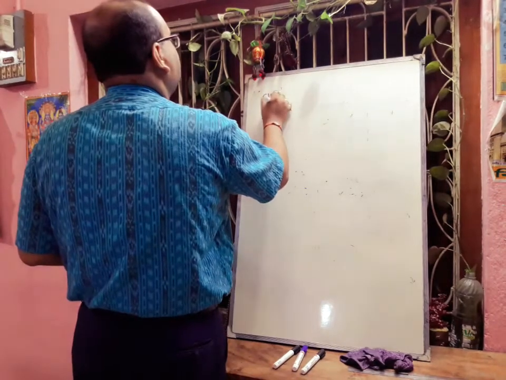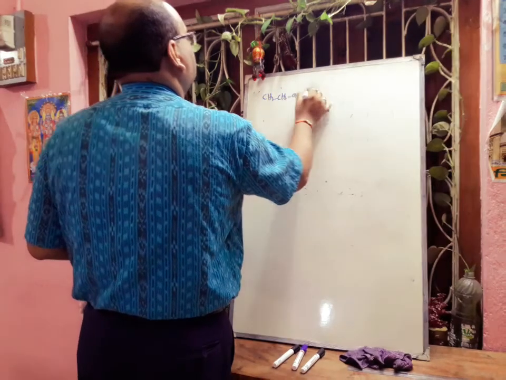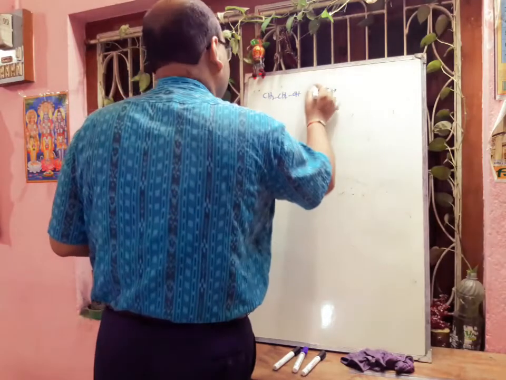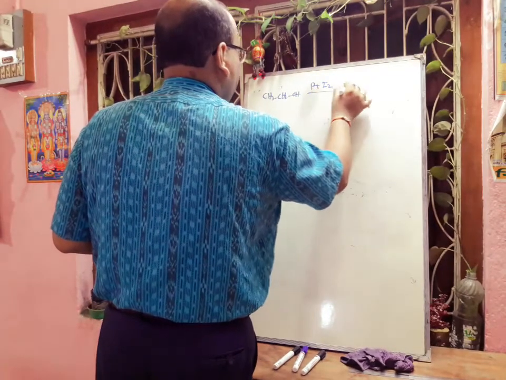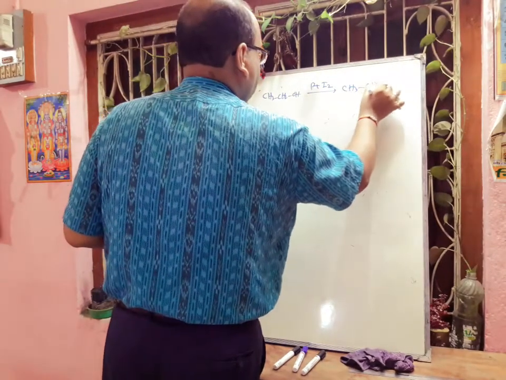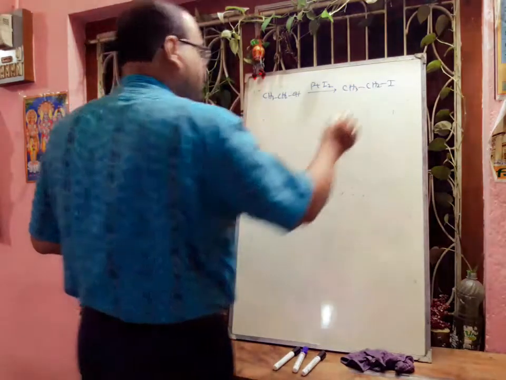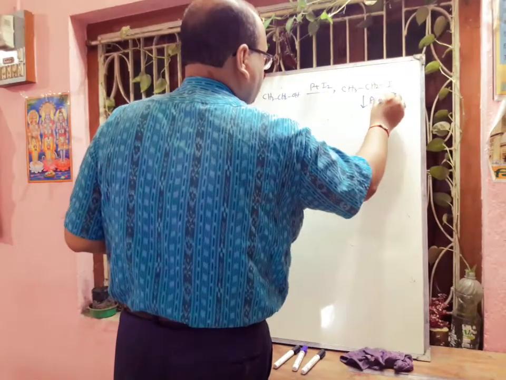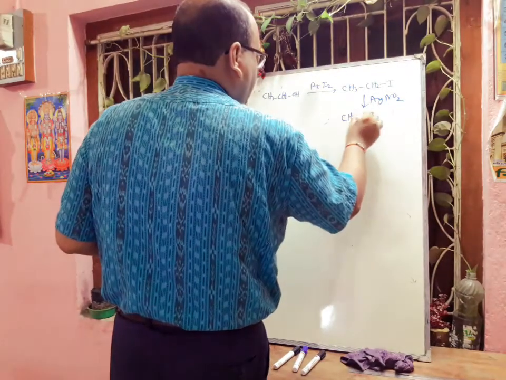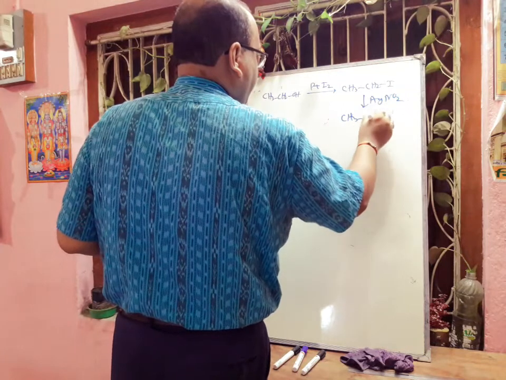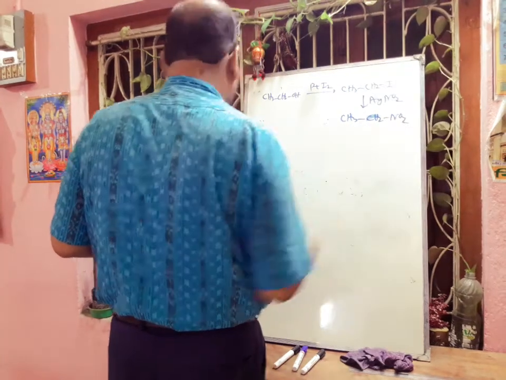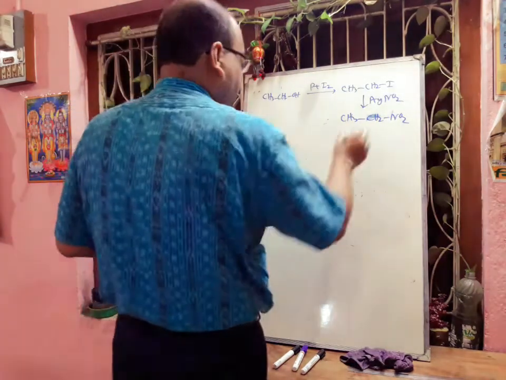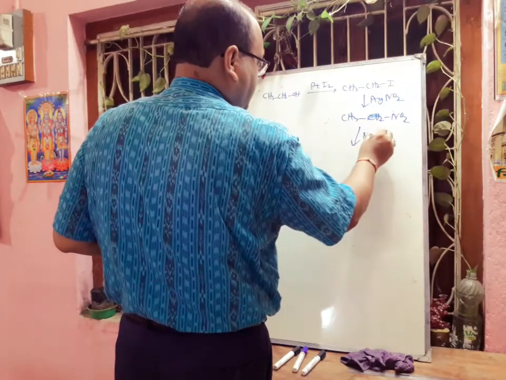First one is CH3CH2OH. Here we are converting it by phosphorus and iodine to the corresponding iodide. So this is ethyl iodide. Next step we are giving AgNO2, so it will convert to the corresponding nitro compound. Then we have to use NaNO2 and dilute HCl.